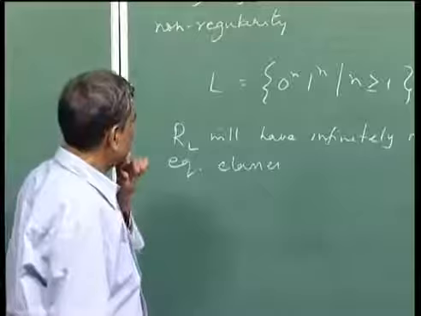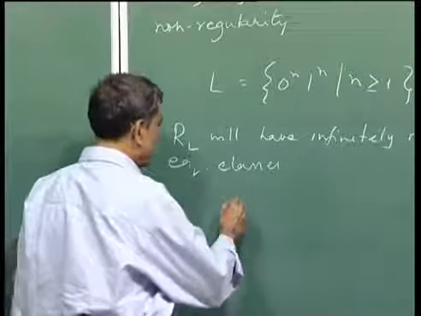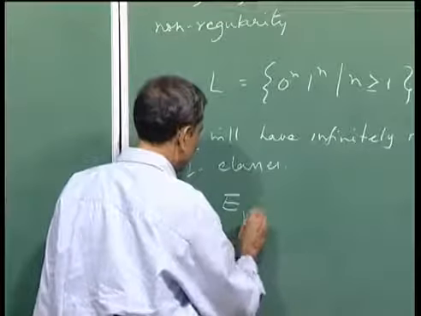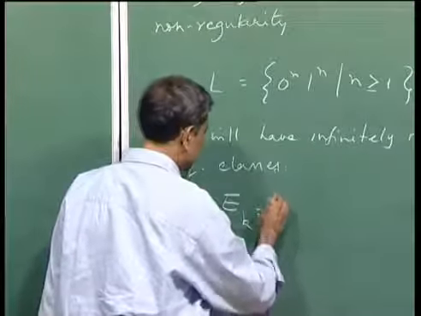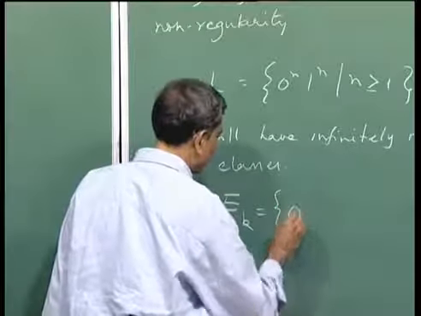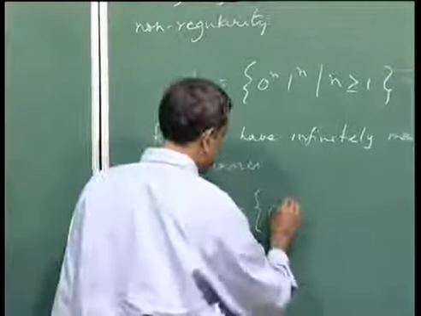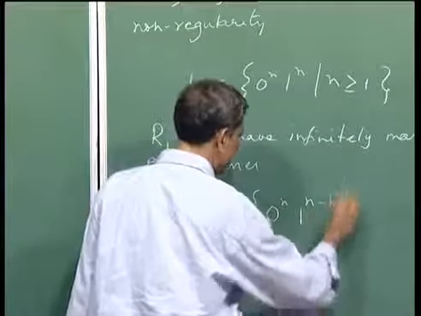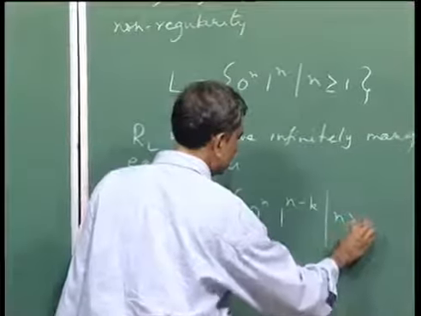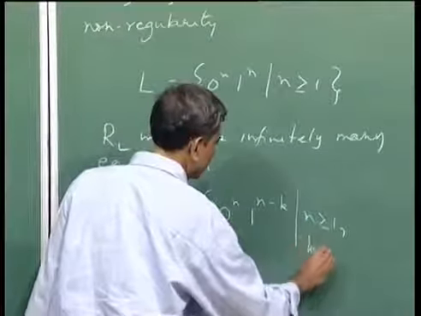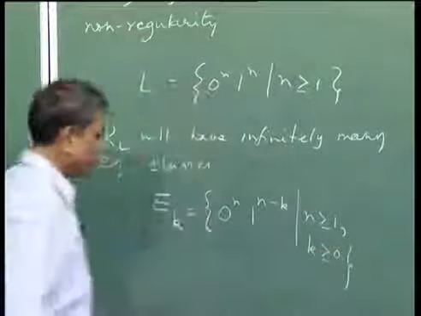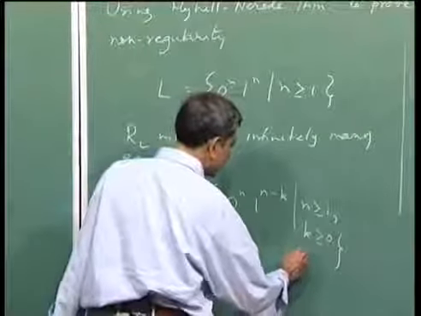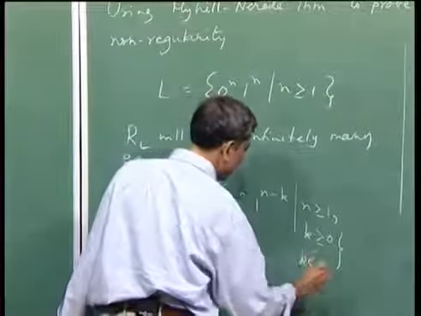Let's consider sets of strings like this. Ek is 0^n 1^(n-k), and of course, k is less than or equal to n.